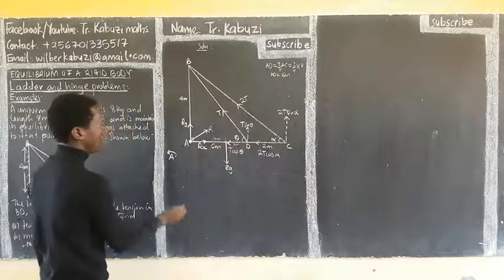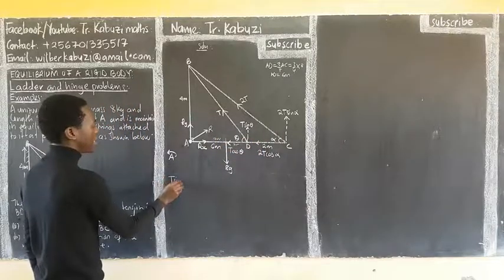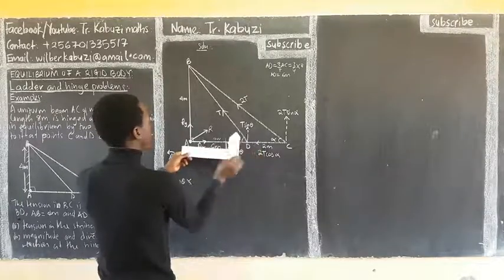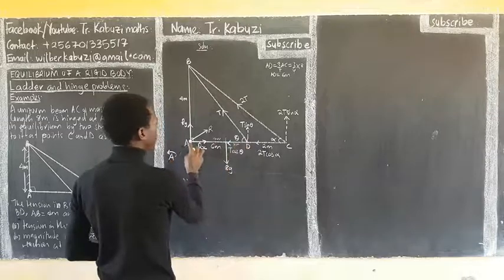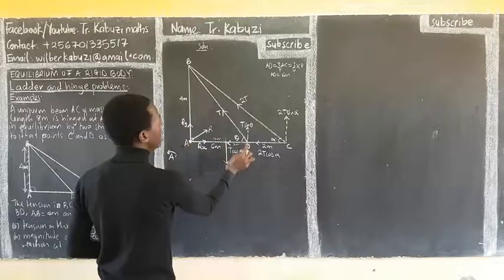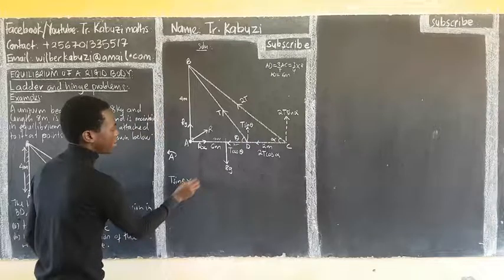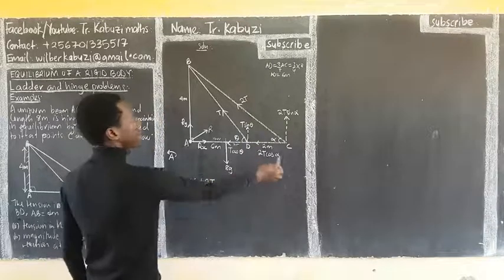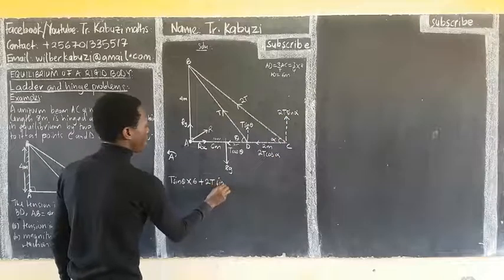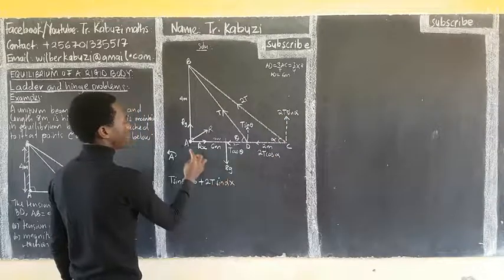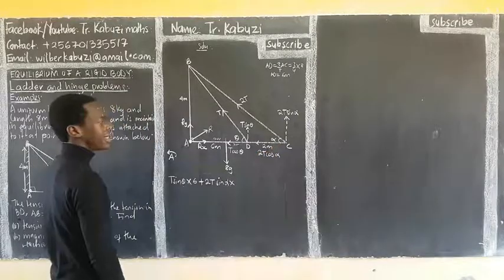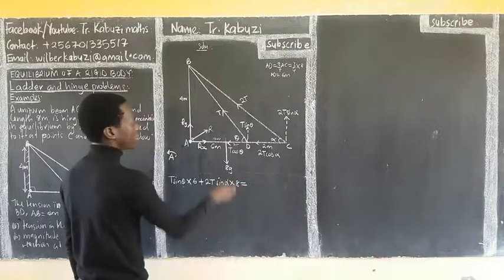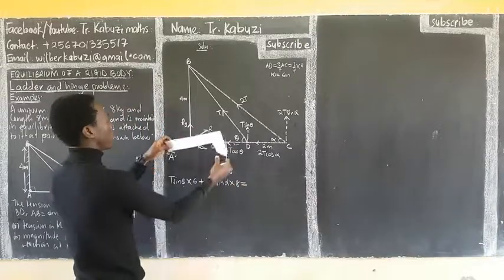So we have, first of all, T sine theta times its perpendicular distance from A, from here up to here. This we have from here up to here was 6. AD is 6. So times 6. Then plus 2T sine alpha, times the perpendicular distance from here up to here, which is the length of the rod, 8, equaling to the clockwise moment, this one is the only one which is going clockwise.